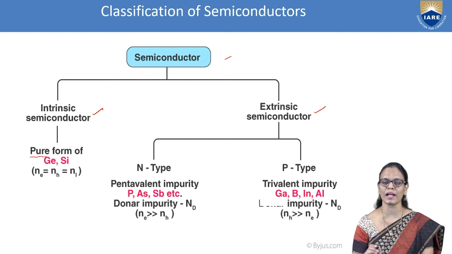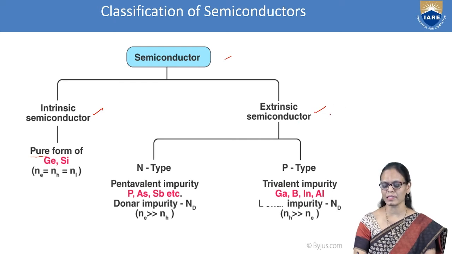There are no other atoms present. Then we say the crystal is in its pure form, so we call it an intrinsic semiconductor. Germanium and silicon are two good examples of intrinsic semiconductors.